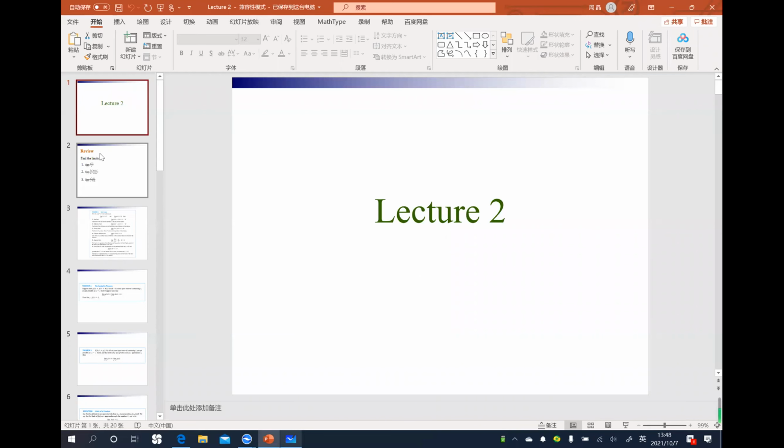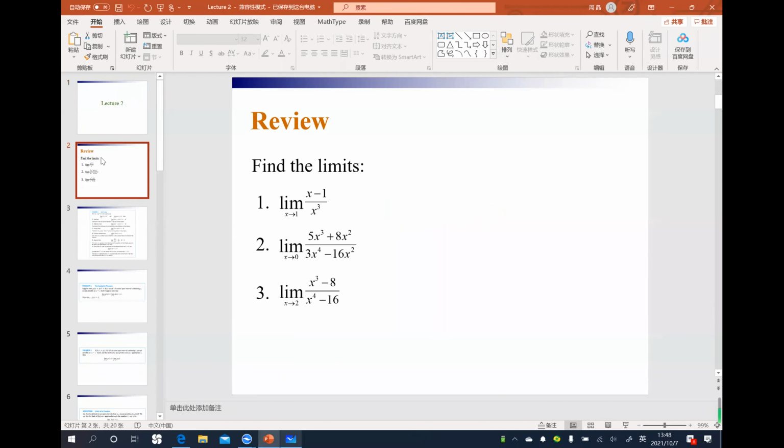Please do the following three exercises, write your procedure on paper and send it in the WeChat group. Let me check if you can remember how to calculate the limit of a function. Okay, so now please do the exercises.